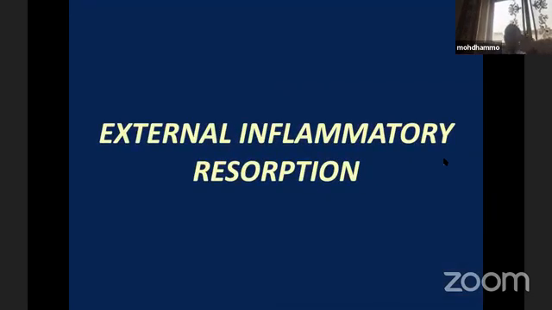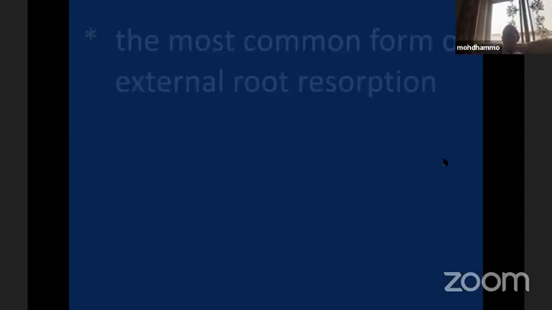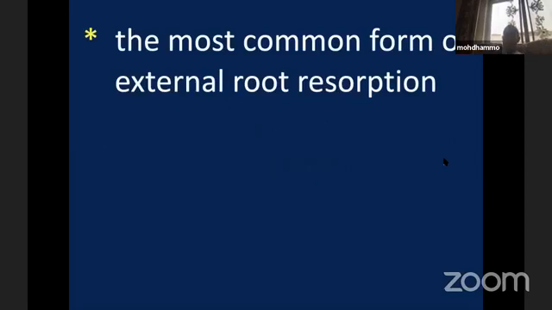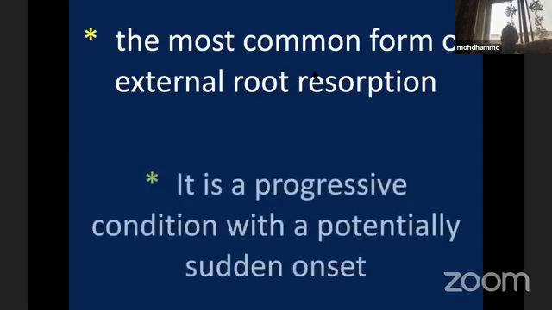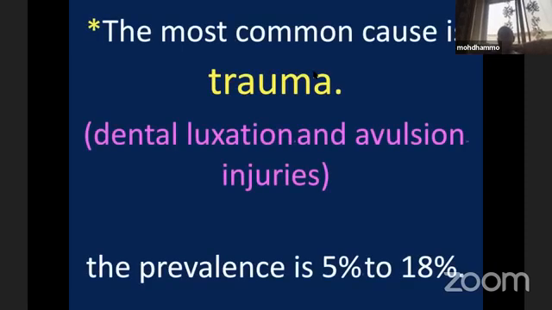The second most important part of external resorption is external inflammatory resorption. They consider it the most common form of external root resorption, and it is a progressive condition with potentially sudden onset. The most common cause of inflammatory resorption is trauma, either luxation or avulsion.